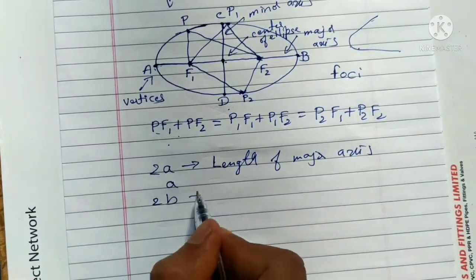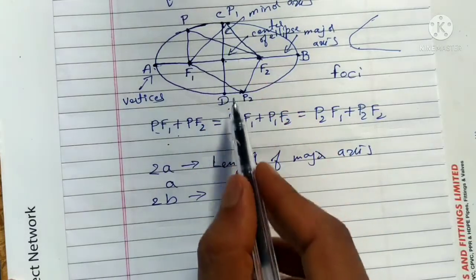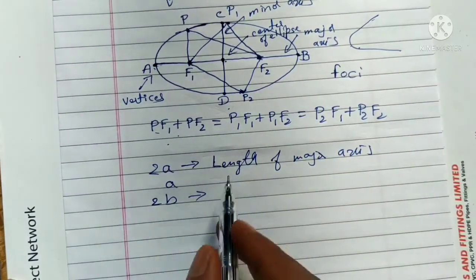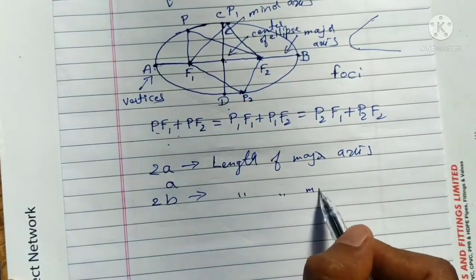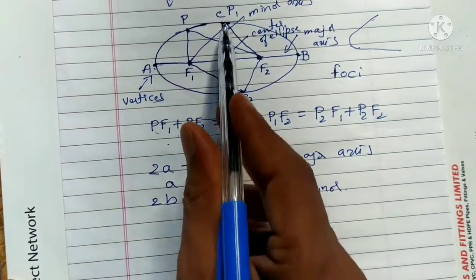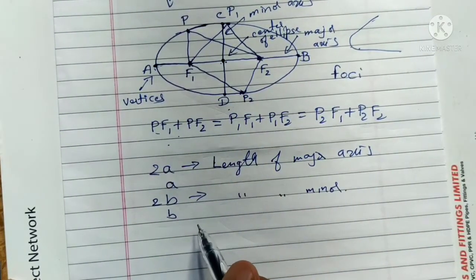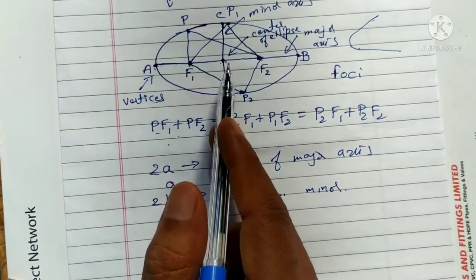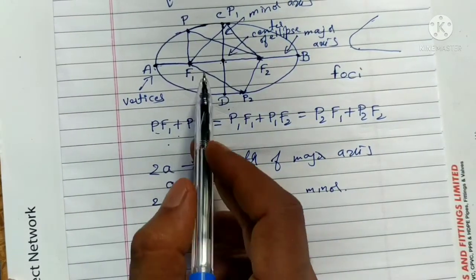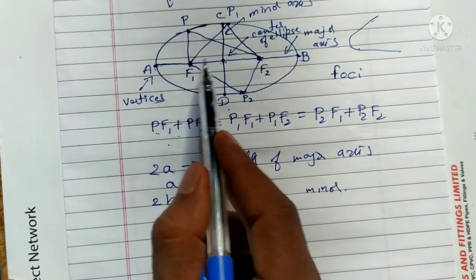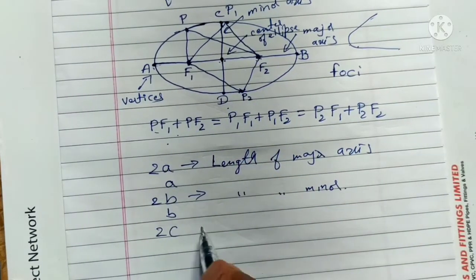Similarly, 2b is the length of the minor axis, and half of the minor axis is b, the semi-minor axis. The distance between the foci is considered as 2c.